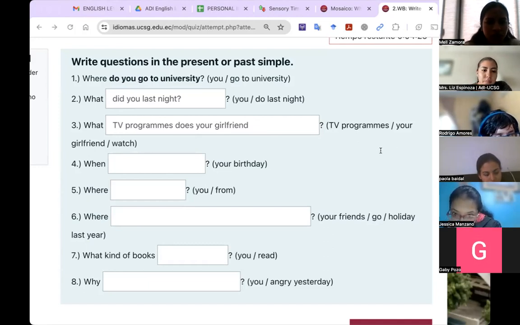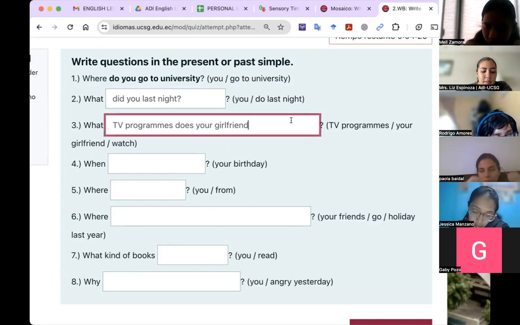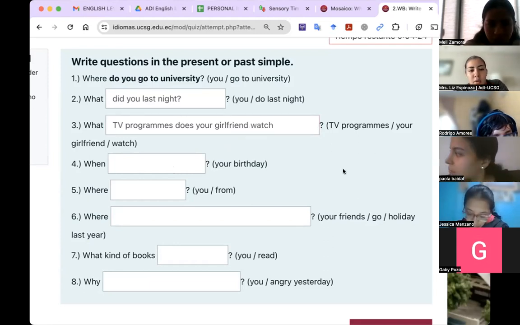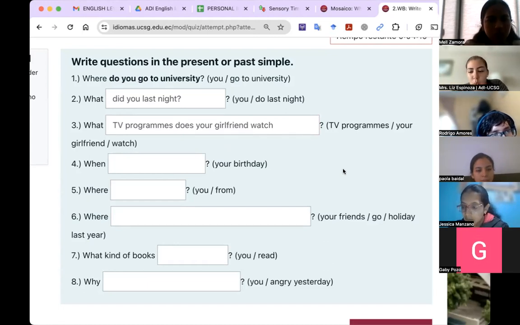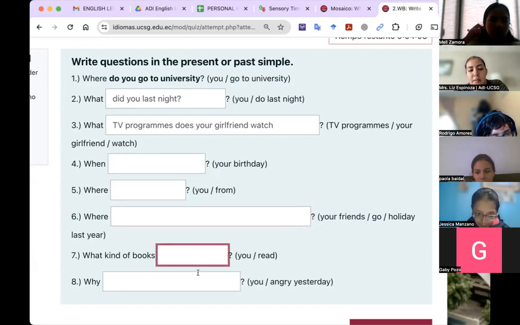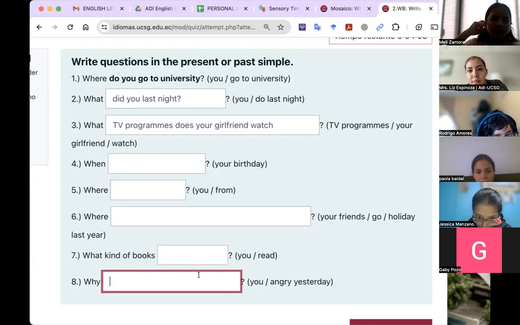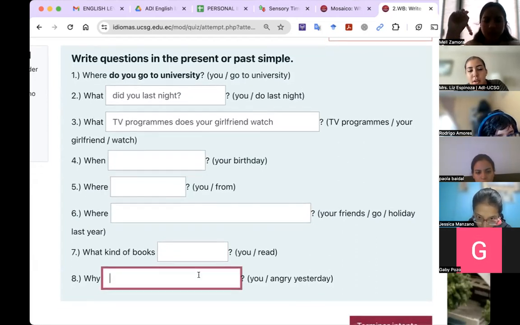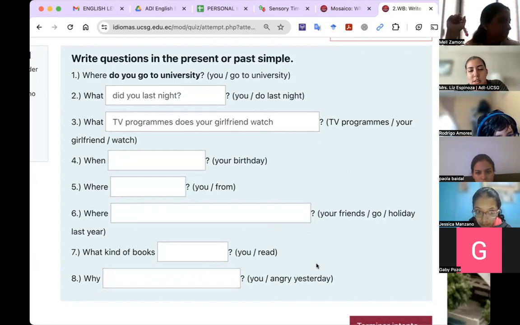So let's see. I'm gonna go backwards. Number 4 will be answered by Gabby. Number 5 by Jessica. Number 6 by Paola. Number 7 by Rodrigo. And number 8 by Mel. Okay? I'm gonna give you some seconds so you can start thinking on your answer, and then I ask you to give me the right ones, okay?